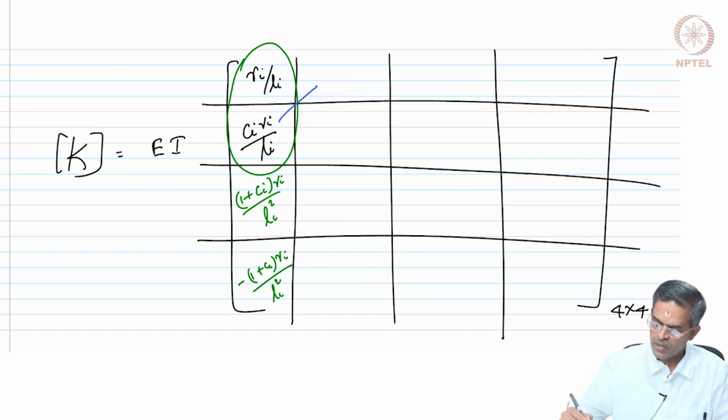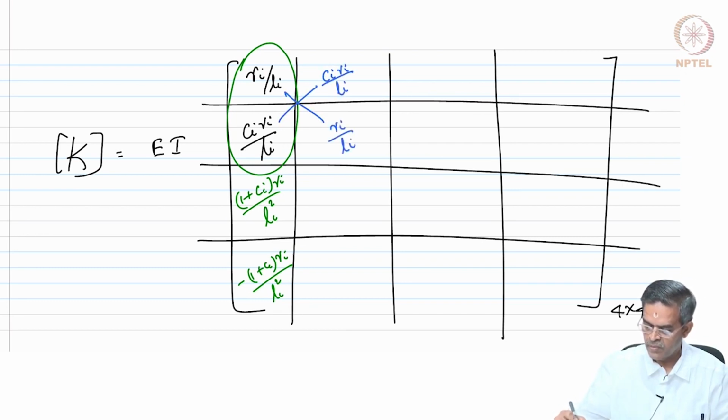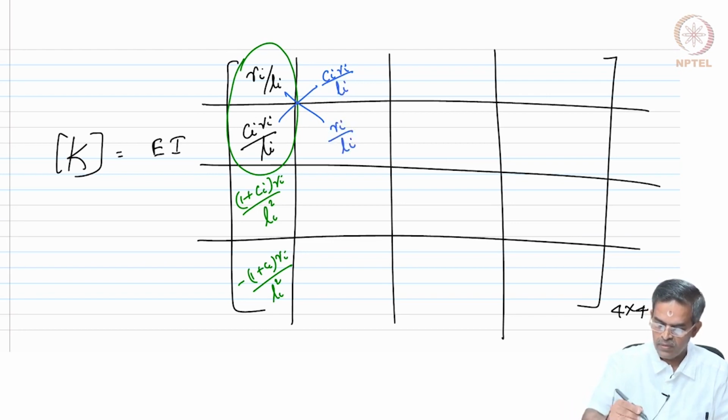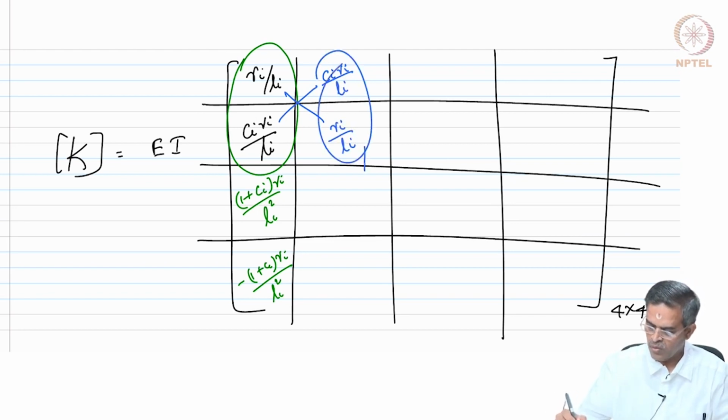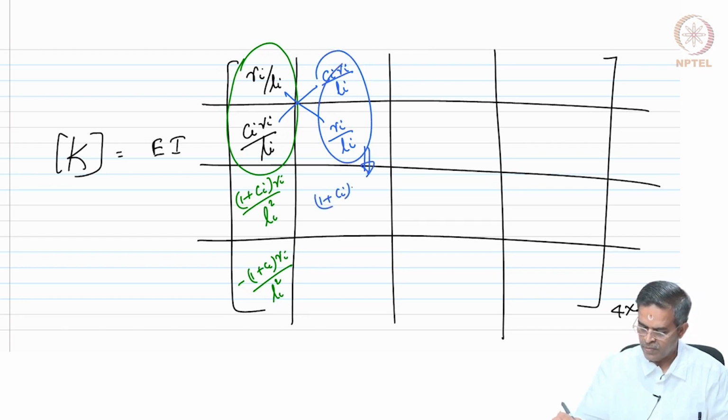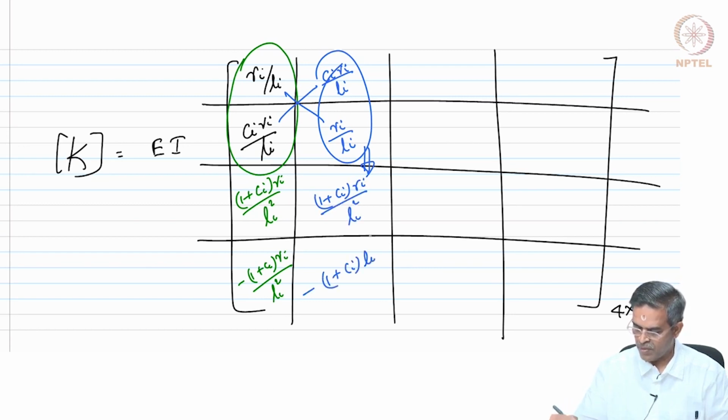The second column is swapping of this, and sum of these 2 by Li and the last one is negative of the previous one.